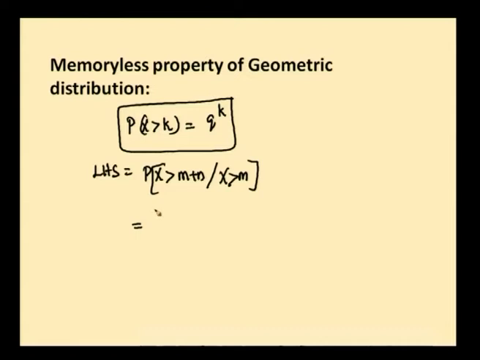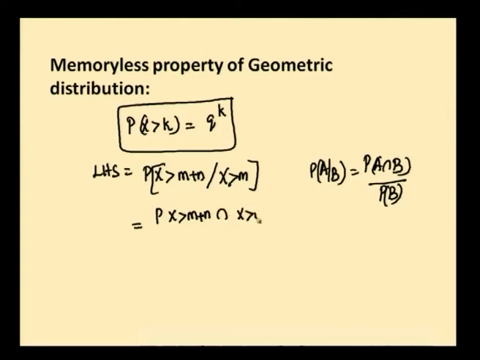Using the conditional probability, P of a given b is equal to P of a intersection b divided by P of b, we will have P of x greater than m plus n intersection x greater than m divided by P of x greater than m. What does this intersection give you? X greater than m plus n intersection x greater than m.